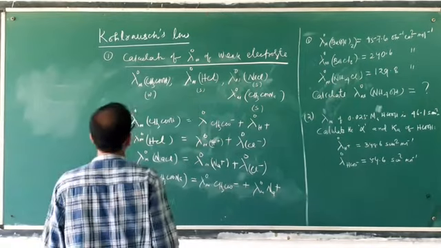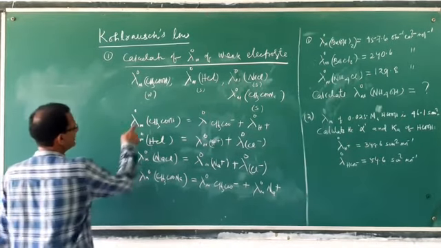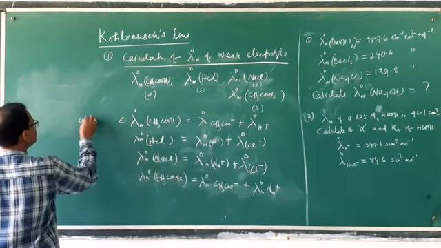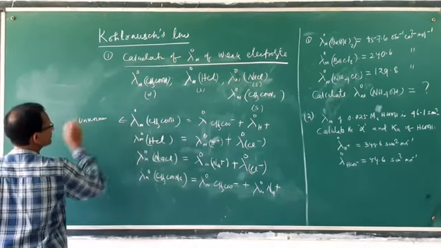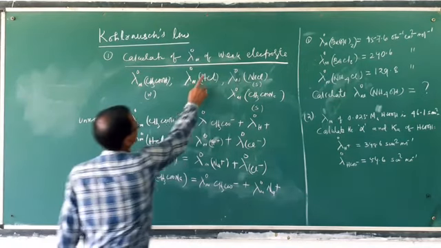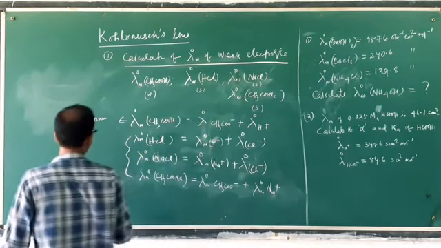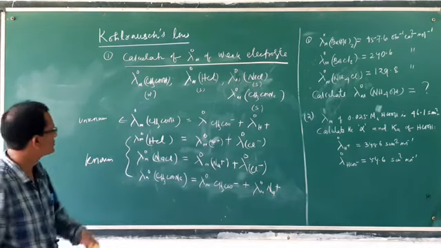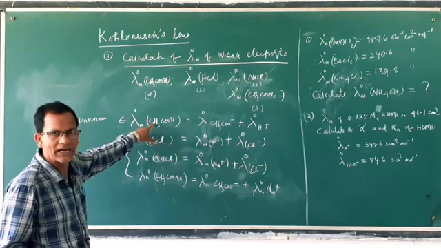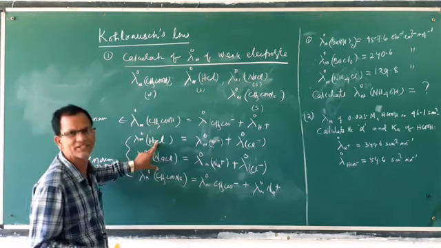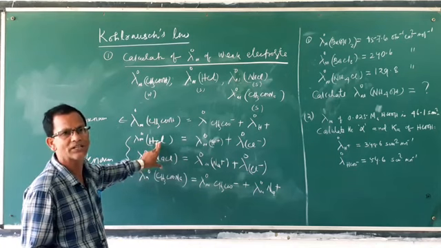But how can you calculate this? This is unknown. But these three data, first, second, third, are known. So, as acetic acid is a weak electrolyte, we will calculate the lambda naught of this electrolyte from the strong electrolytes using Kohlrausch's law.